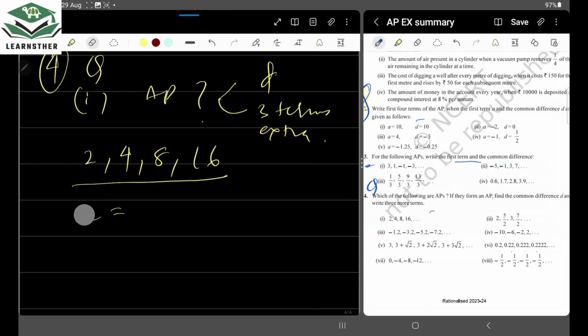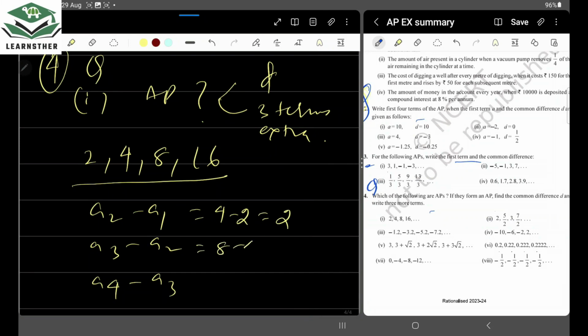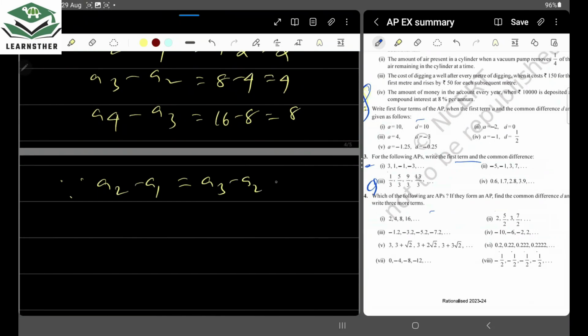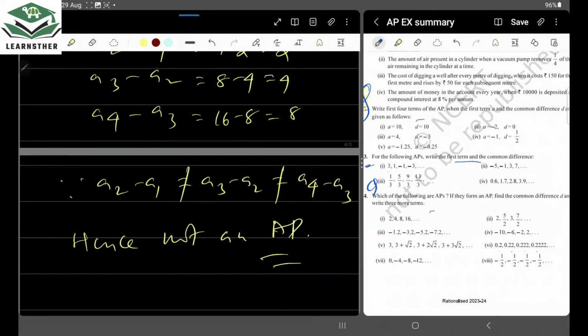A2 minus A1, A3 minus A2, A4 minus A3: 4 minus 2, 2, 8 minus 4, 4, 16 minus 8, 8. So you can see A3 minus A2 and A4 minus A3 are not equal, hence not an AP. Okay. So hence you cannot find out the terms.